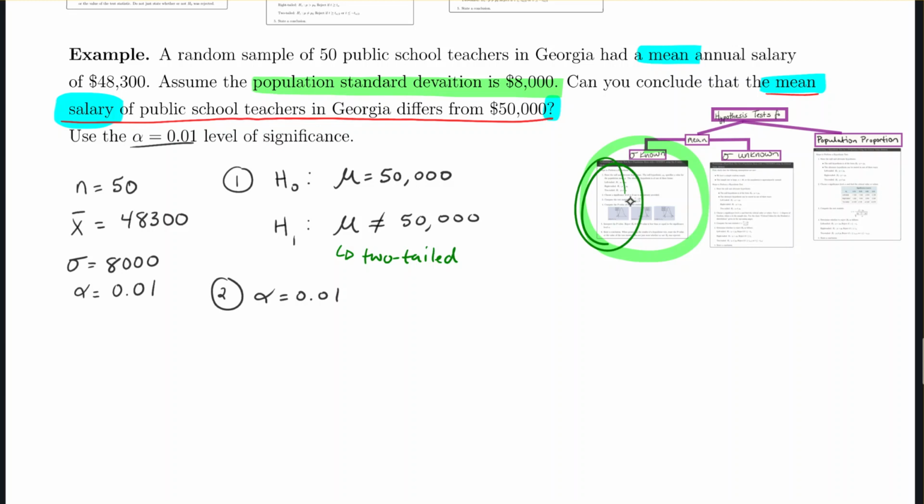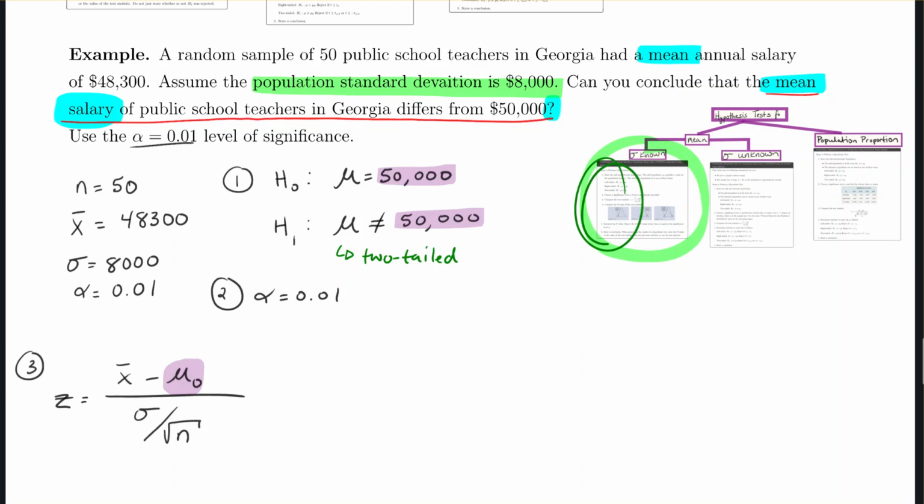From our process described here, I know the test statistic is Z is equal to the sample mean minus our mu naught divided by population standard deviation divided by square root of the sample size. Now, where is our mu naught coming from? Mu naught is where our hypothesis test is based on, so it's our 50,000.